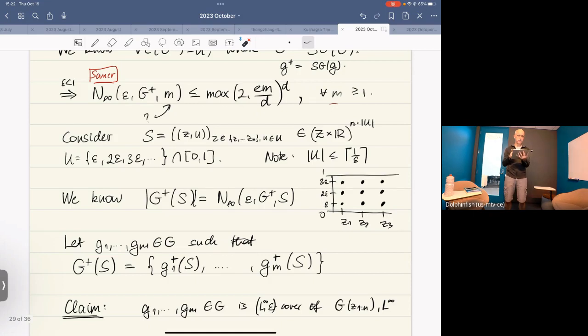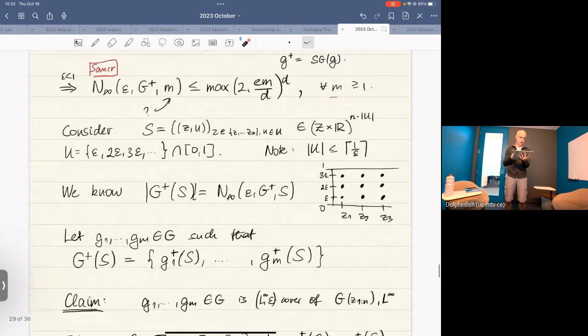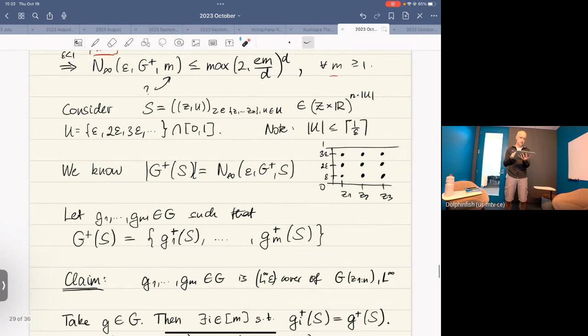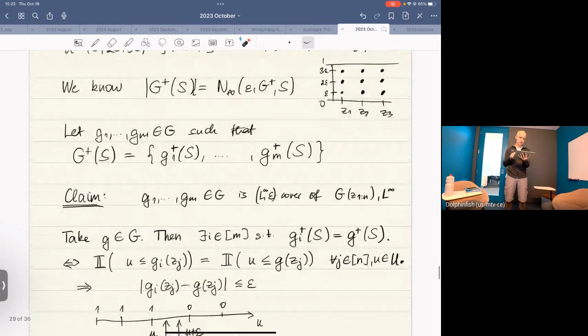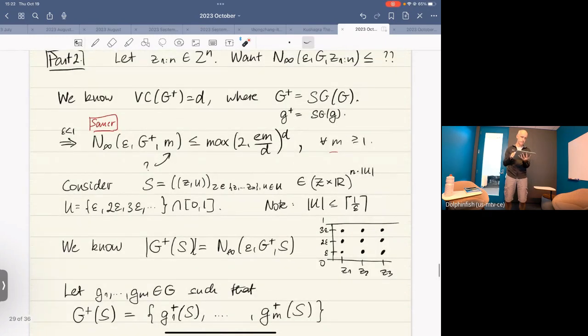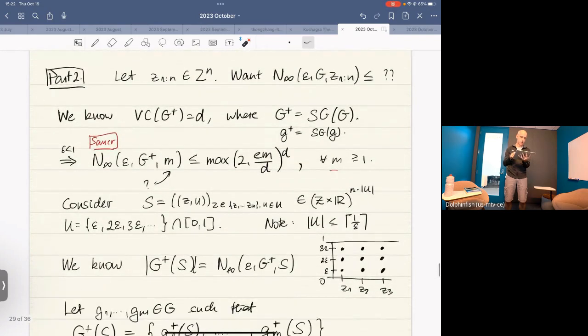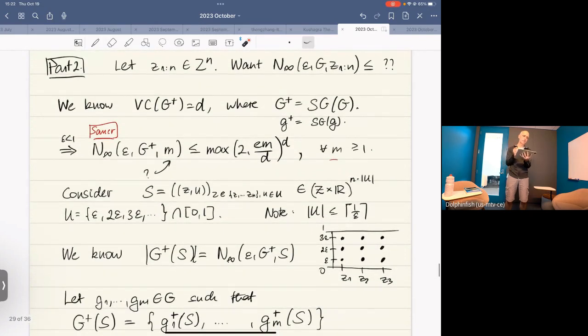So what do we know? We want to create a cover for G at these points, Z1 to Zn. How do we create a cover? Well, we lift it to the subgraphs and create a cover there.